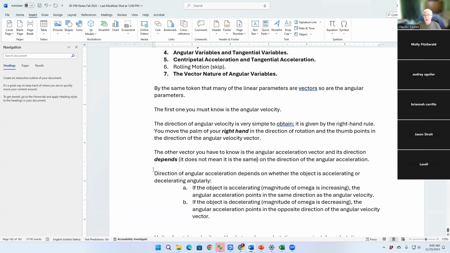On the direction of the angular velocity. So in order to find the direction of the angular acceleration, you have to know the direction of the angular velocity first.